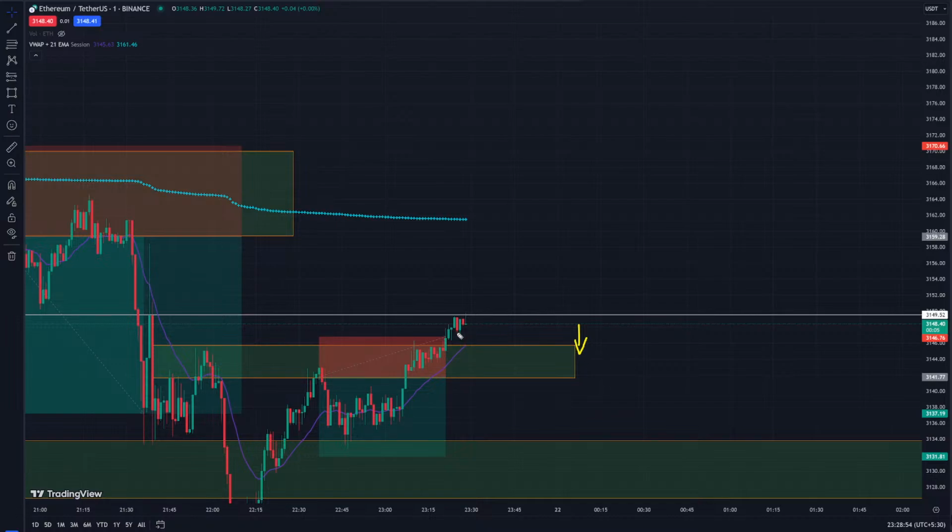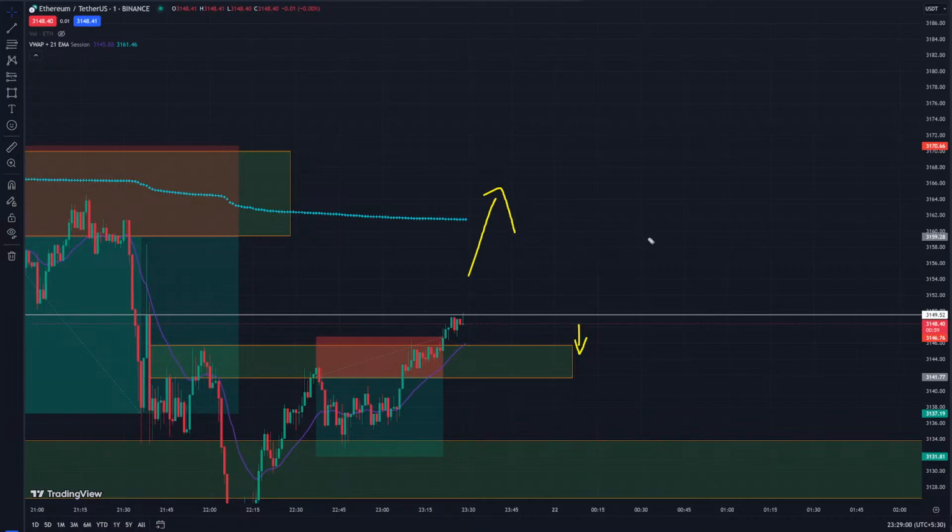If something happens on the above side and I have a trade for the upside, then I will only trade on the upside. So this line separates which side you are going to take the trades.